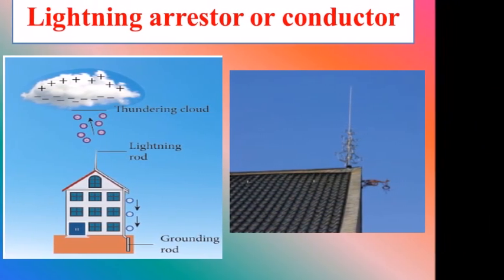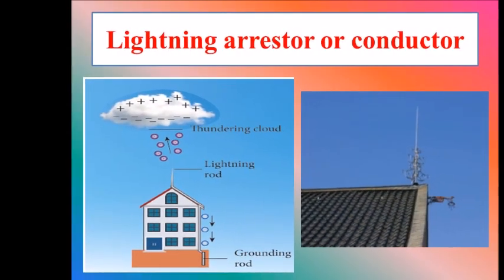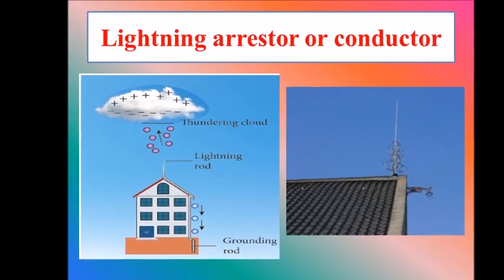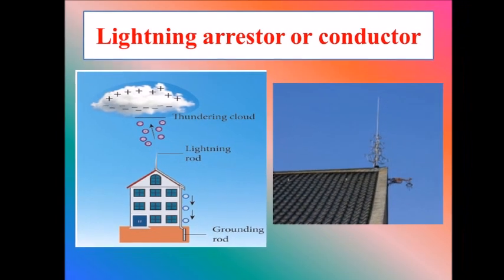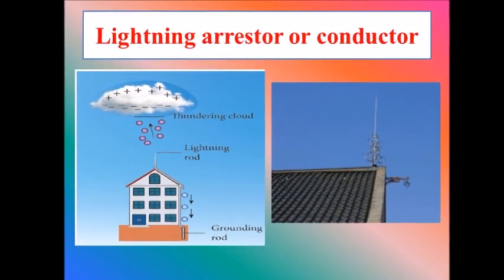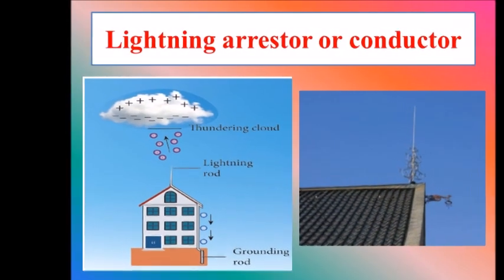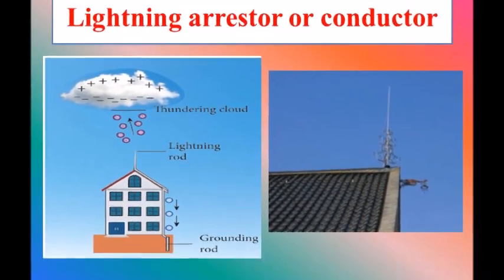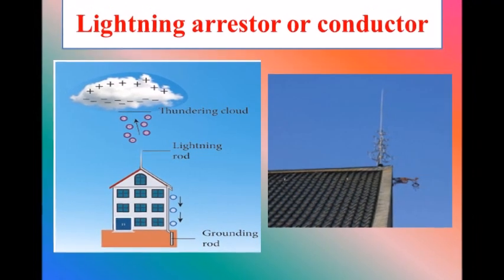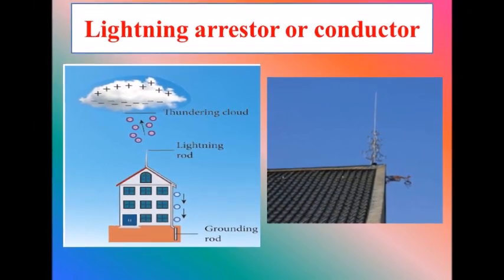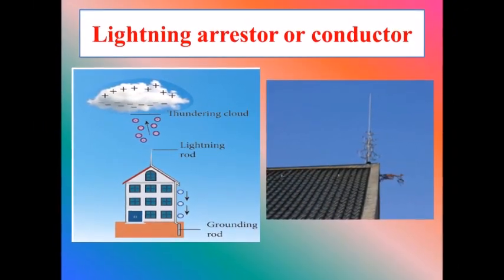Next we are going to see the working. When a negatively charged cloud is passing above the building, it induces a positive charge on the spike. Since the induced charge density on the thin sharp spike is large, it results in a corona discharge.